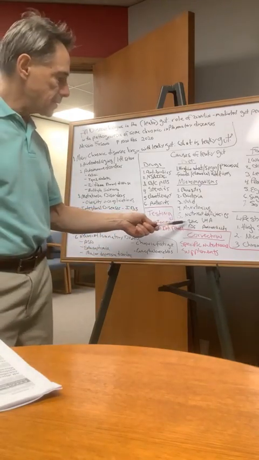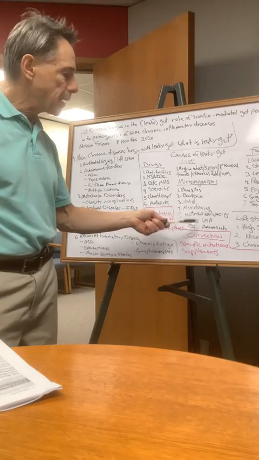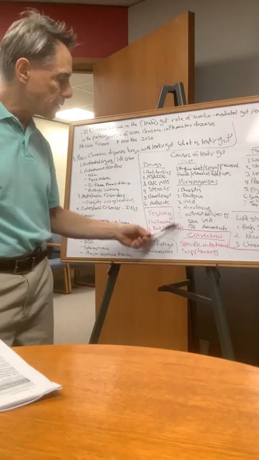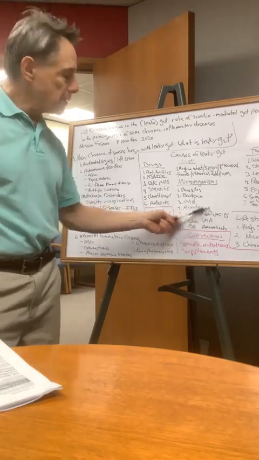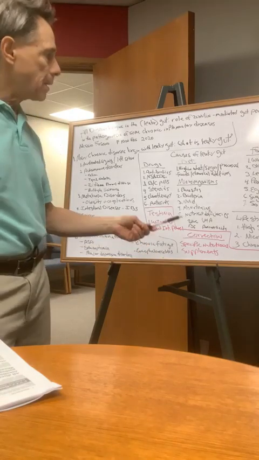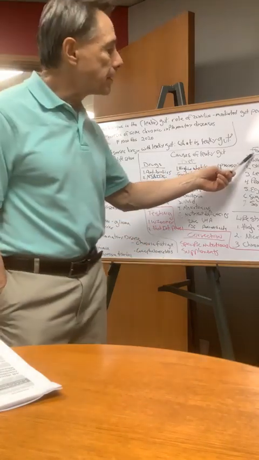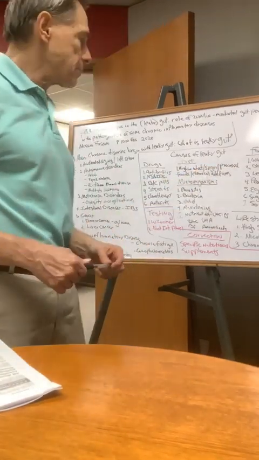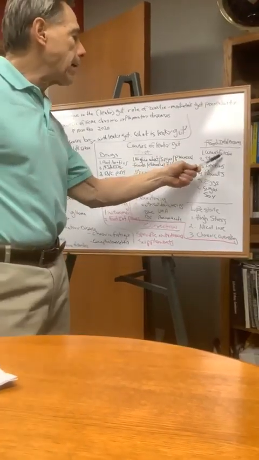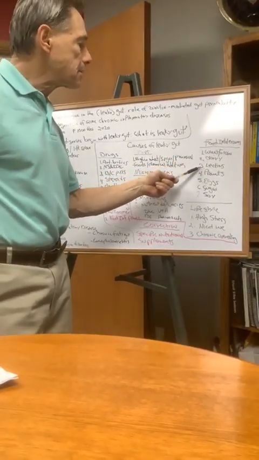Nutrient deficiencies, zinc, B6, vitamin A, and certain amino acids. Your gut needs these to be healthy. And last but not least, are food intolerances. Wheat and grain, dairy, lectins.